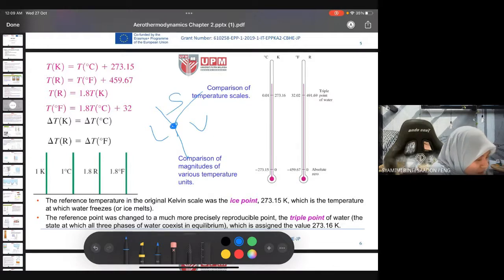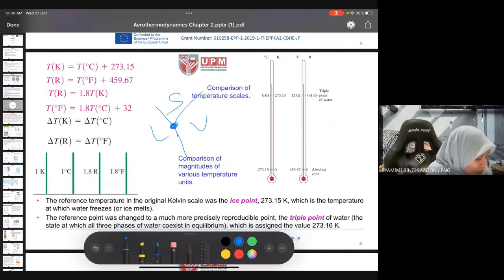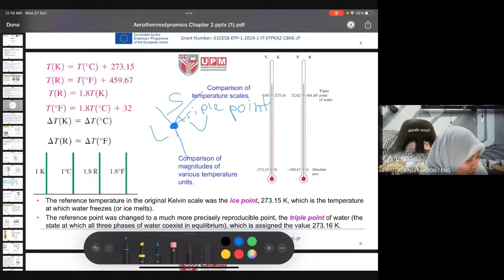This is like a diagram, I think we will see this diagram in future. This is what we call the triple point, the reference point.